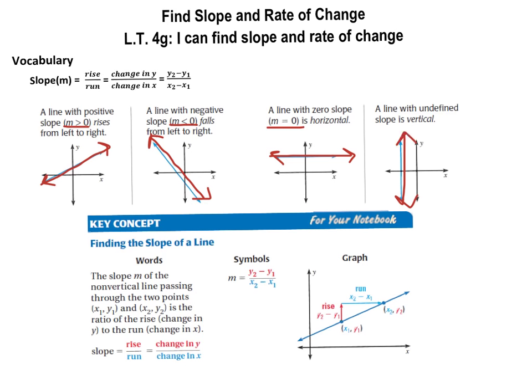But if you were, let's say, falling off a cliff, you have no slope to walk on. So I'm going to draw my little guy. And he's basically falling straight down. You have an undefined slope. So there is no slope. Those are your four different types.